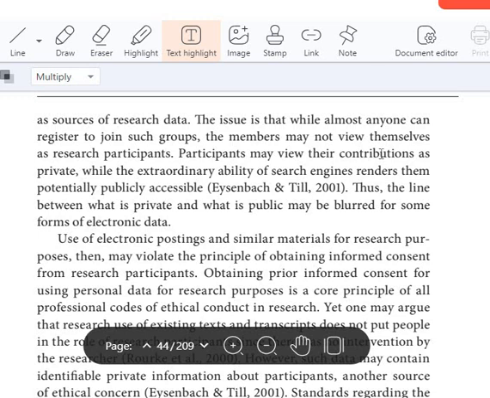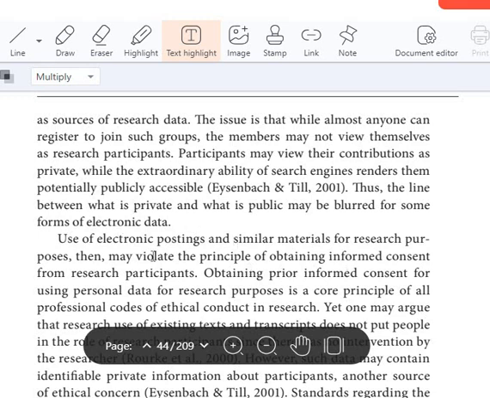Participants may view their contribution as private, while the extraordinary ability of search engines renders them potentially publicly accessible. That's why the line between what is private and what is public may be blurred for some forms of electronic data.